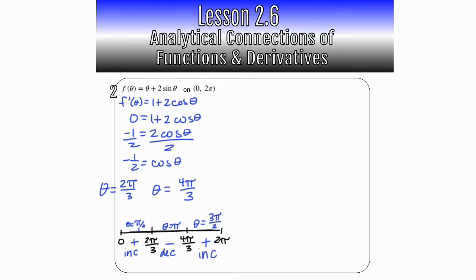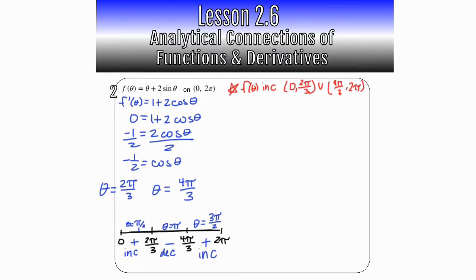So let's come over here and note a couple of things. I know that f of theta is going to be increasing from 0 to 2 pi over 3, unioned with 4 pi over 3 to 2 pi.